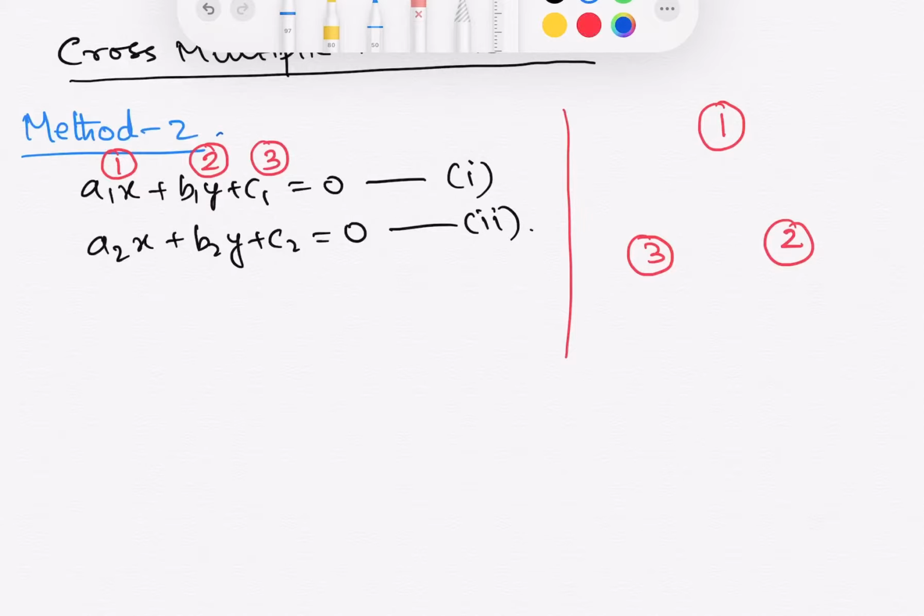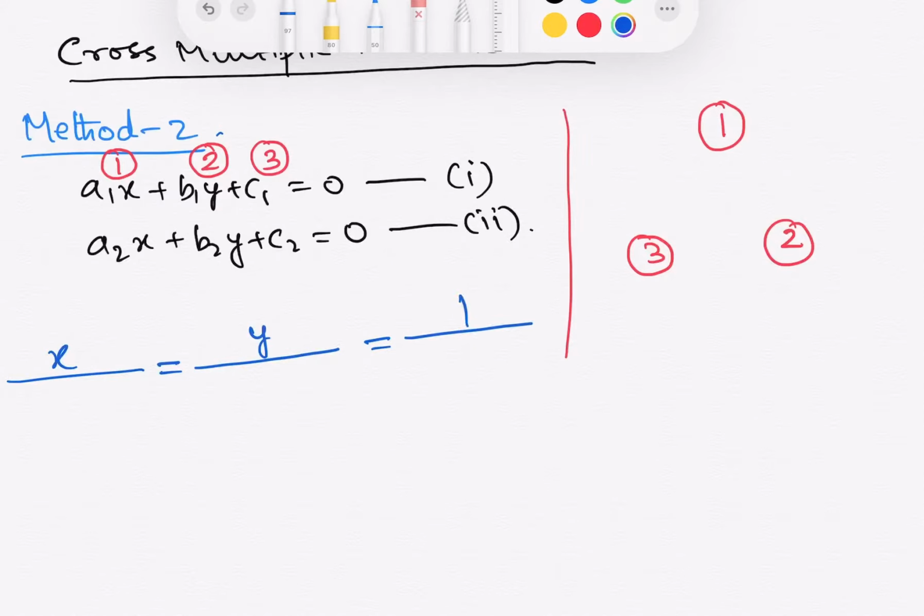Now we go to our main calculation. First, in the cross multiplication method, we write x divided by, then equals to, then the second variable y divided by, and then for the constant part, you write 1 divided by.